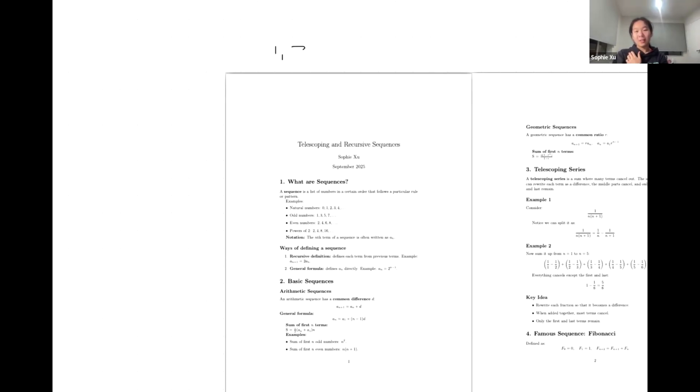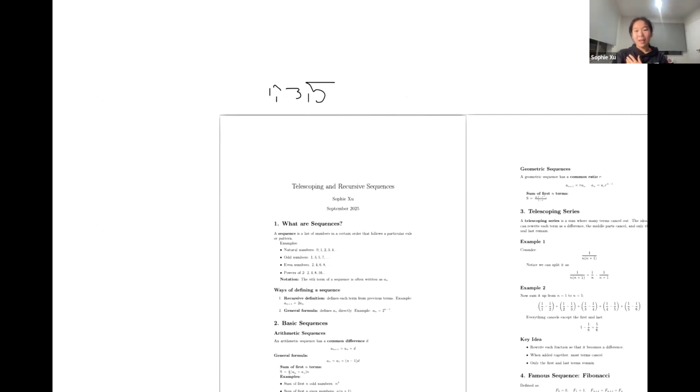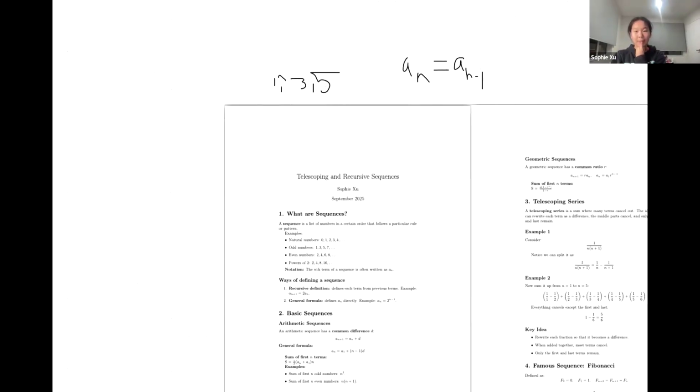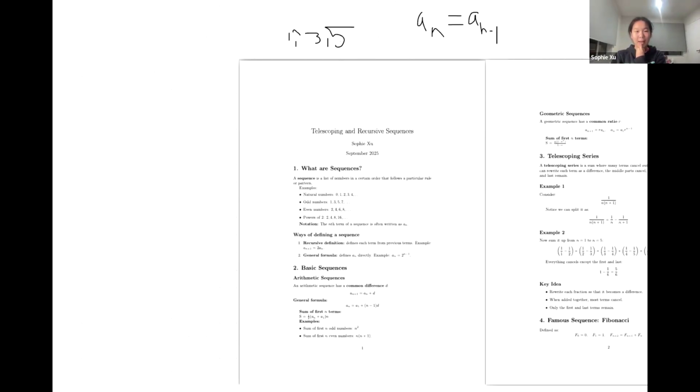That's a recursive sequence because it's plus 2 and plus 2 and stuff. So you can say a_n is equal to a_(n-1) plus 2.